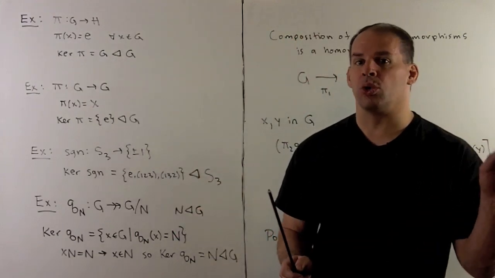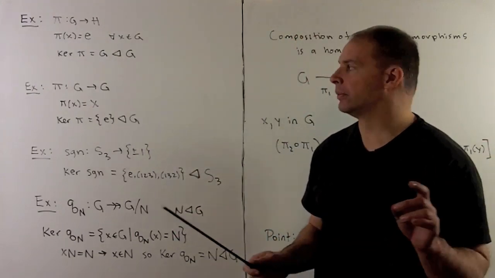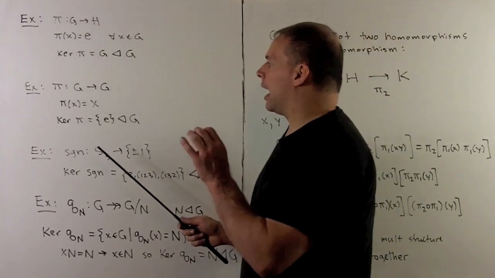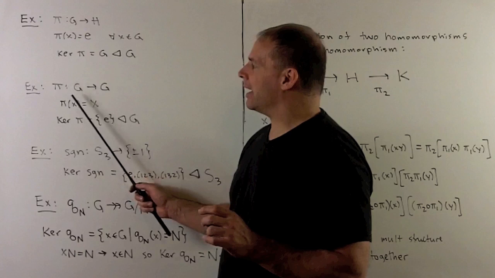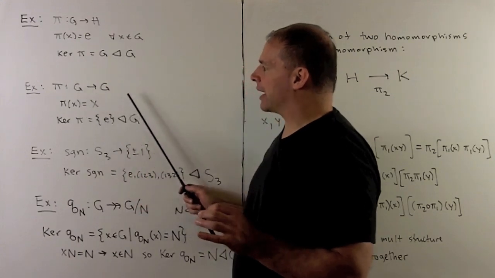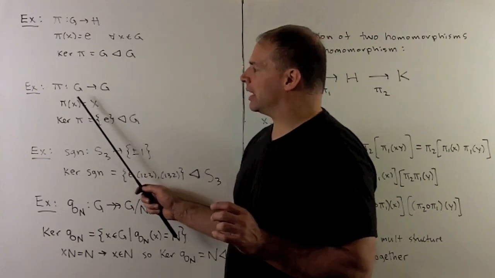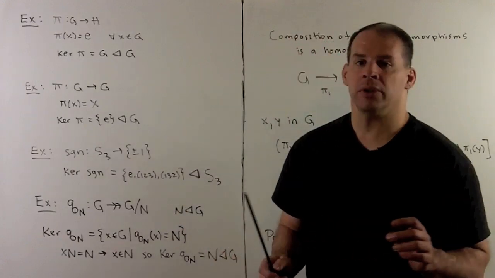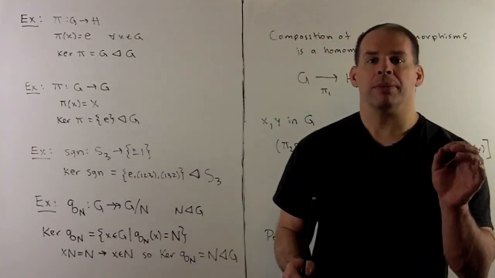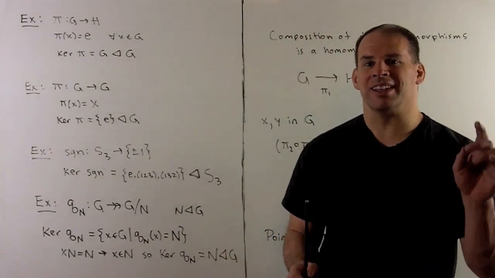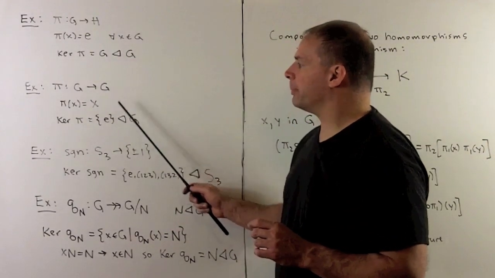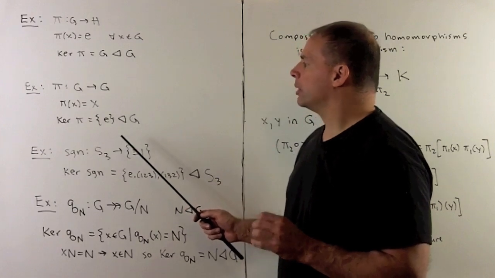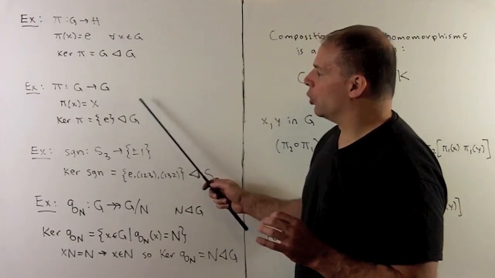Okay, G is definitely a normal subgroup of G. At the other end, I'm going to send pi, taking G back into G. We're going to send each element to itself. So the only element that gets sent to the identity is the identity for G. So our kernel just has one element in it. We have the trivial subgroup, so this is going to be normal in G.